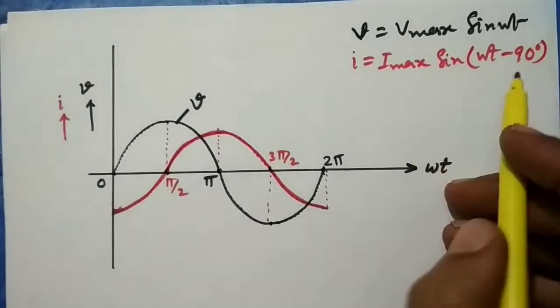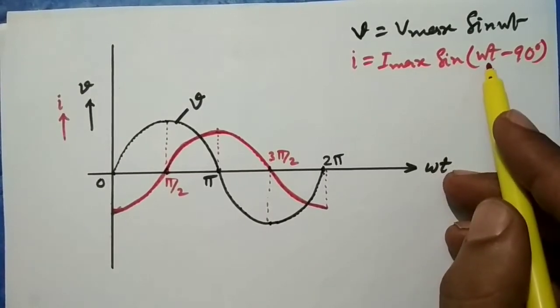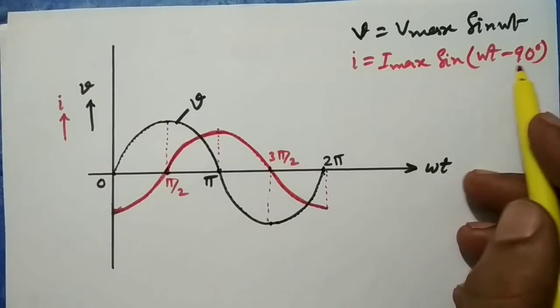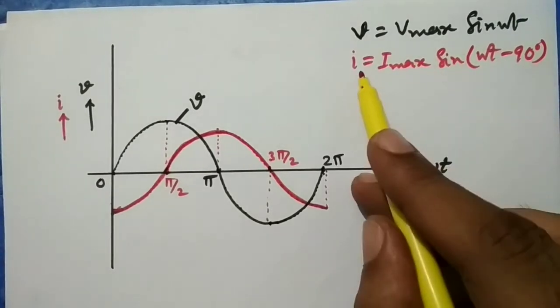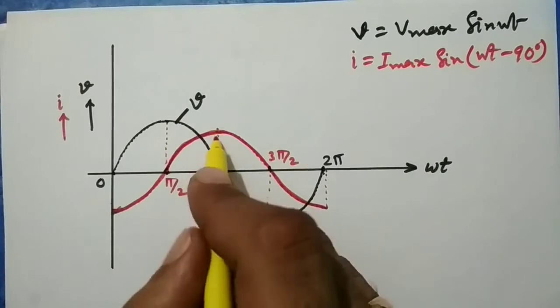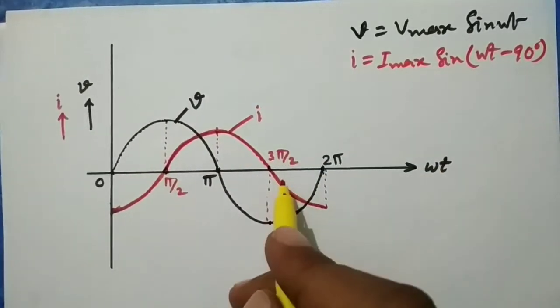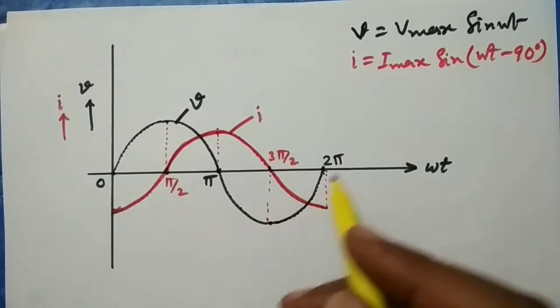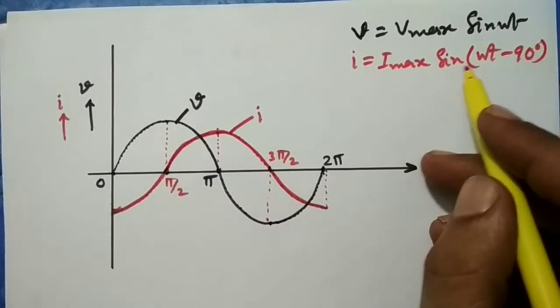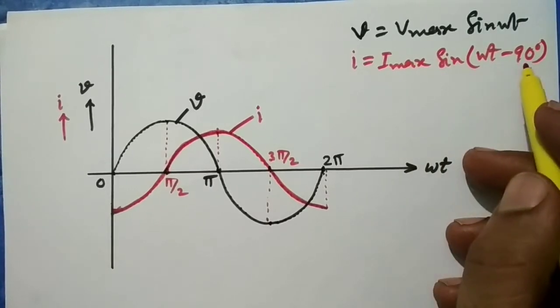When the omega t is 180 degree, that is pi, it will be sine 180 minus 90, that is sine 90 degree. Therefore, the current will be maximum here. So at pi, the current is maximum here. Similarly, at 3 pi by 2, the value will be sine 270 minus 90 degree, that is sine 180 degree.